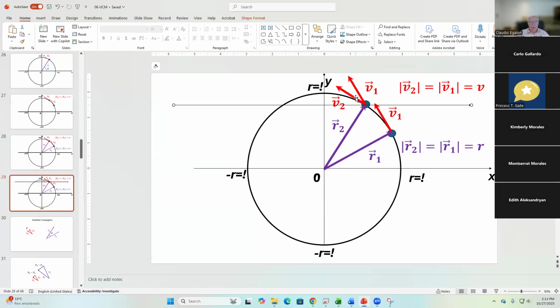And that's 90 degrees here. This one is going to be 90 minus theta prime. And this angle here is going to be 90 minus theta. And if you look carefully at that, you're going to find out that this one is going to be theta prime as well.